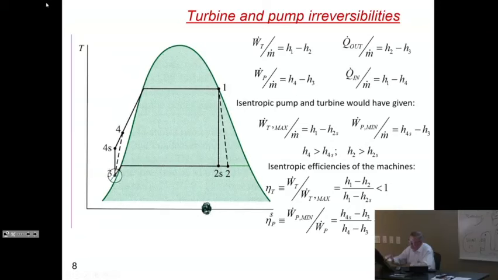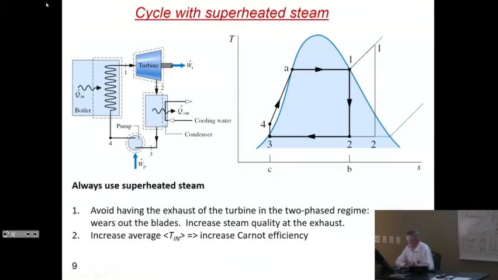In the same way, the compression is not going to get you from 3 to 4S, which will be isentropic, but it will cost you more work. It will cost you from 3 to 4, and you have a pump efficiency, which is H4S minus H3 over H4 minus H3, smaller than 1. All these are inefficiencies that we will encounter in the machines in the cycles.